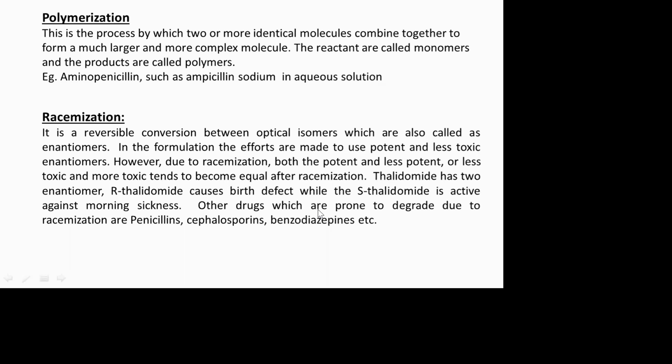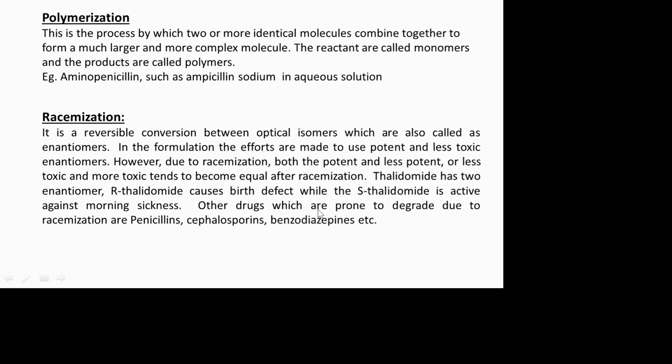So we try to increase the amount of the enantiomer which is very active and less toxic. What happens during degradation of the drug by racemization is that the active enantiomer will form the inactive enantiomer, and we know that racemization is a process in which both enantiomers are in equilibrium.